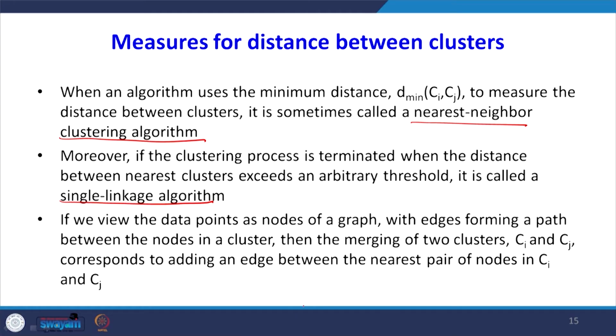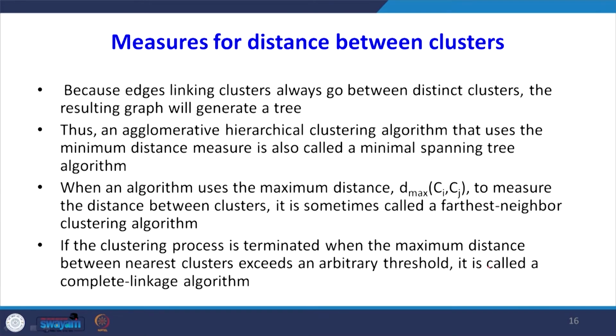If we view the data points as nodes of a graph with edges forming a path between the nodes in a cluster, then the merging of two clusters ci and cj corresponds to adding an edge between the nearest pair of nodes in ci and cj. Because edges linking clusters always go between distinct clusters, the resulting graph will generate a tree. Thus, an agglomerative hierarchical clustering algorithm that uses the minimum distance measure is also called the minimal spanning tree algorithm.